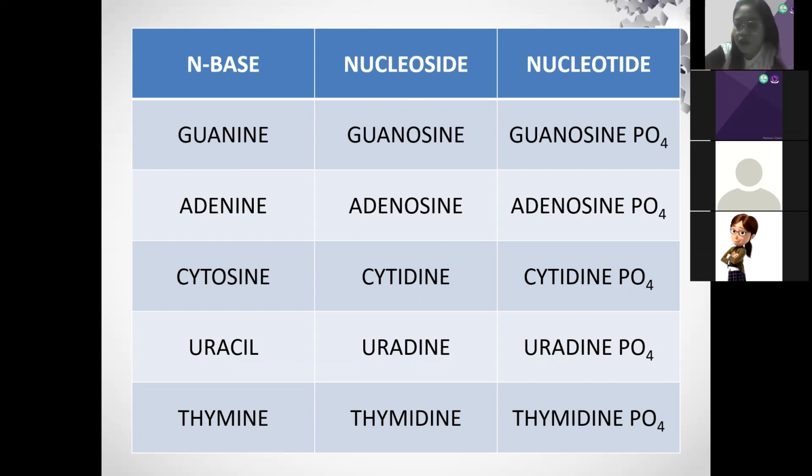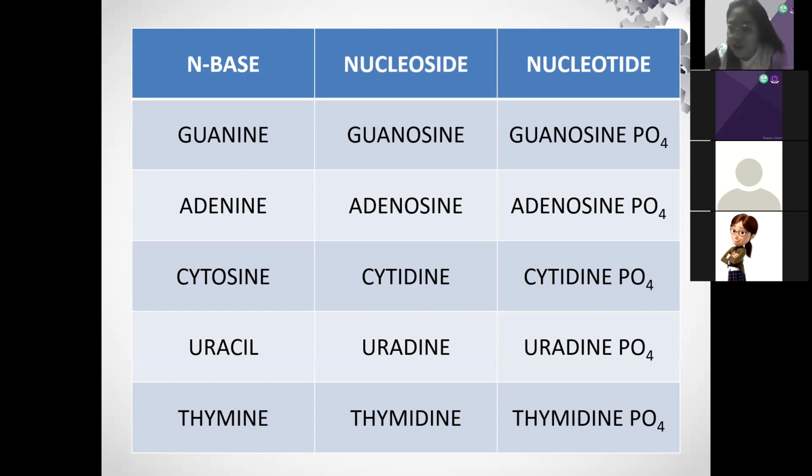Guanine lang pag nitrogenous base, guanosine kapag nakalink na siya sa sugar. And then, nucleoside na yun siya. But if we add phosphate, then naging nucleotide na siya ngayon. So that's the time we call it guanosine phosphate.